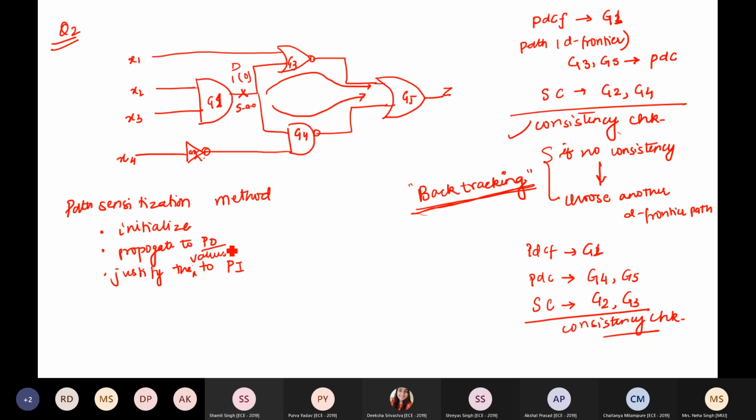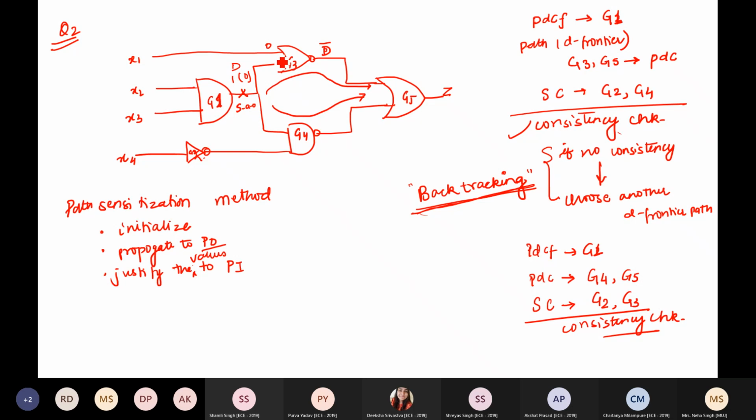So to propagate to the primary output through G3, the output is required to be D only when the other input is 0. Other input of the NOR gate is 0. So if the inputs are 0 and 1, the output will be 0, and if the inputs are 0 0, the output will be 1, right? So I'll have the fault propagated in the form of D bar.